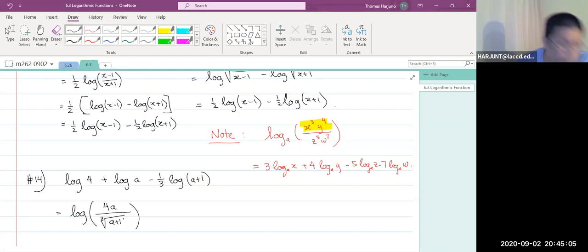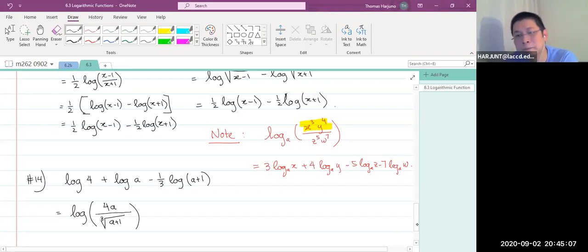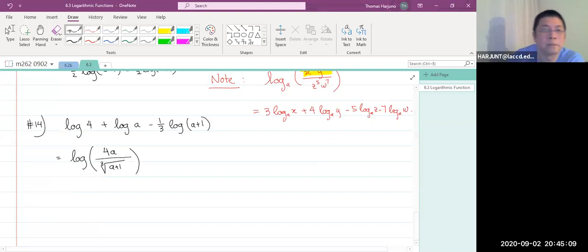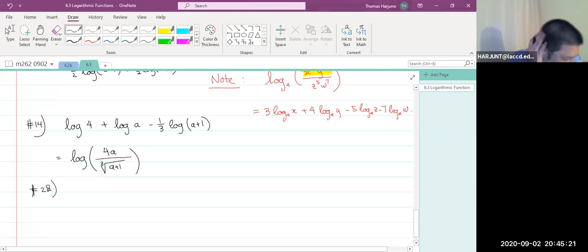Now, how about solving some equations? Number 28, part A. Natural log of (x squared minus 1) equals 3.